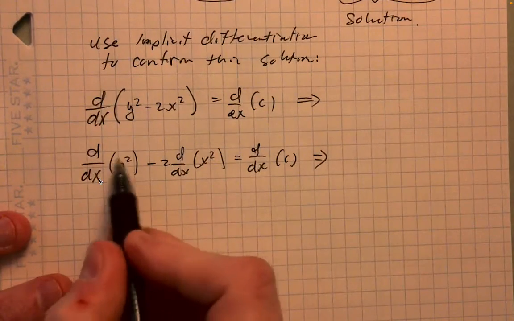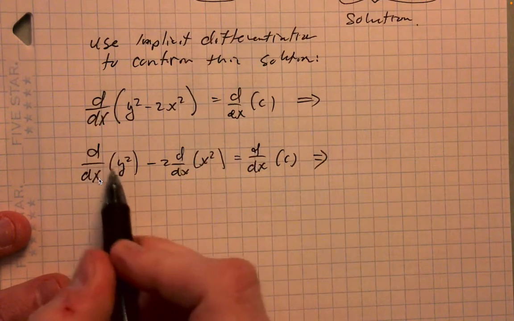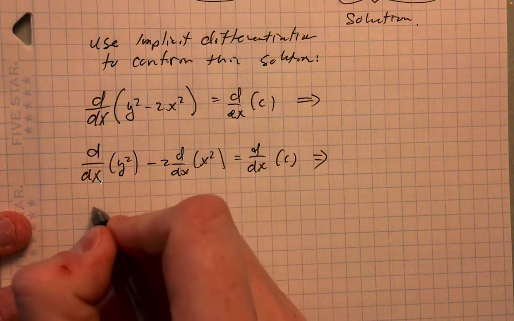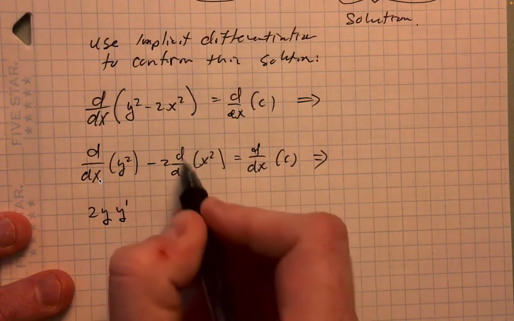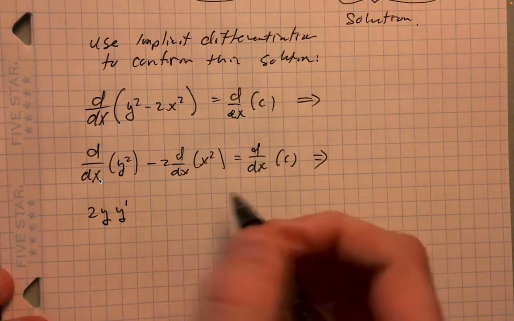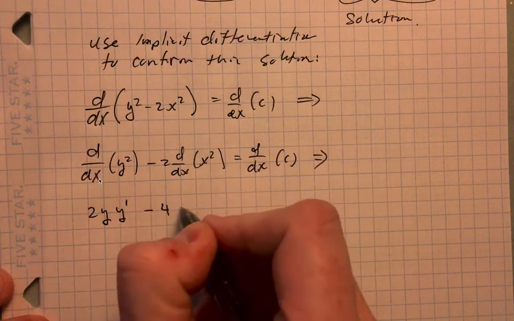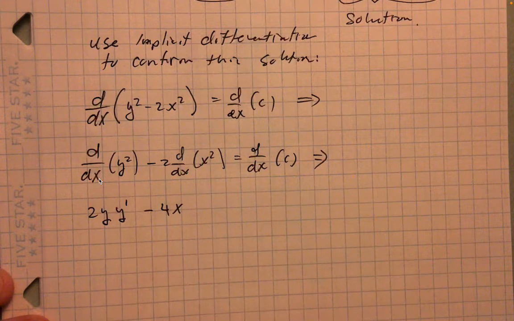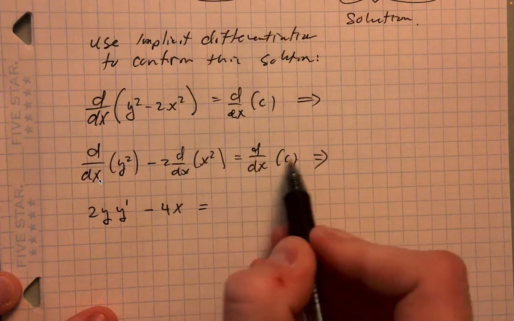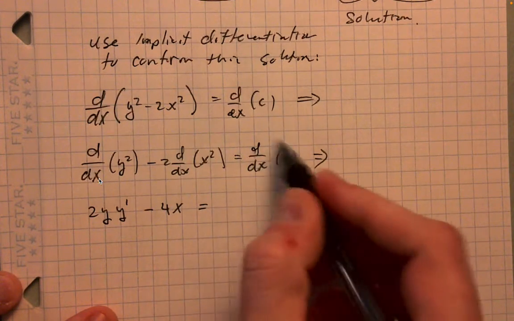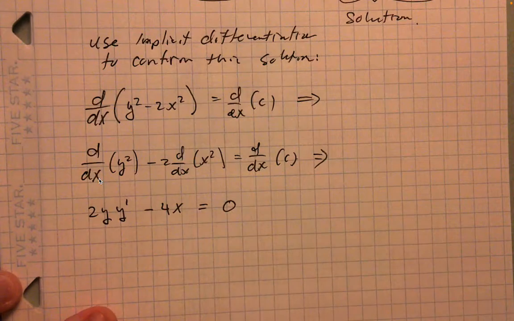And so this part here, remember, we're differentiating y squared with respect to x, so we would say this is 2y times y prime, and over here we're differentiating x squared with respect to x, so this would be minus 4x. Okay, and over here, of course, when we differentiate a constant, we get 0.